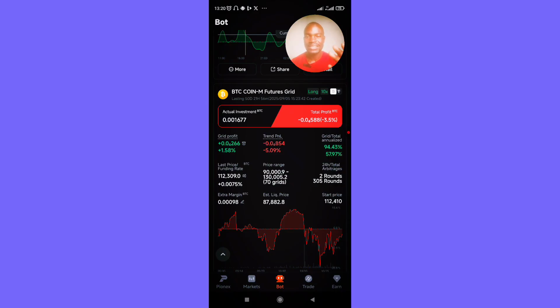It might take time to get the profit, but when it does, the profits are very huge as compared to the coin and futures bot. So I want to test out these two bots and see where I can put more of my money in order to gain more. But here's where people mess up.